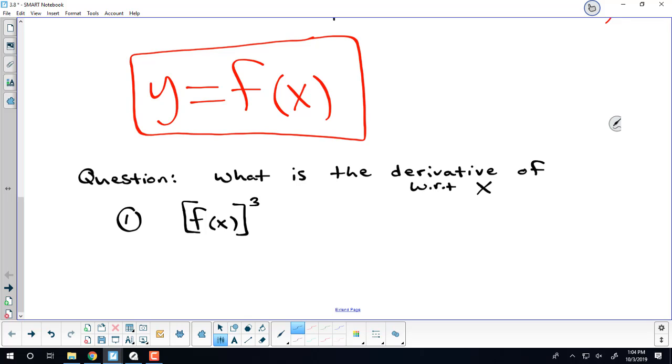Take a stab at it. It's probably going to be wrong. Is it 3 times f of x squared times f prime of x? Yeah, that's exactly right.